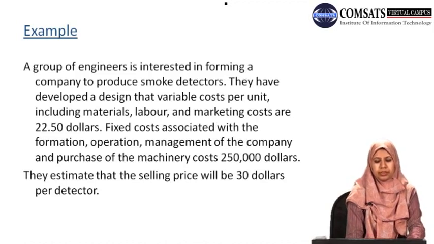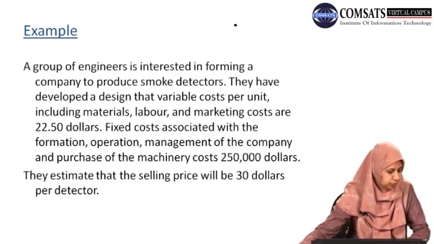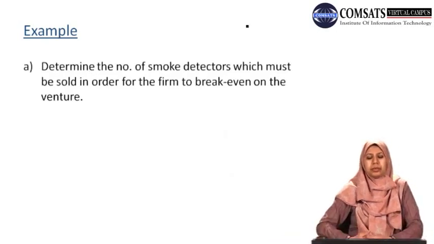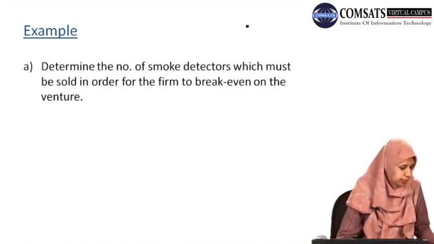Fixed cost associated with the formation, operation, management of the company, and purchase of the machinery cost $250,000. They estimate that the selling price will be $30 per detector. Now, we are asked to determine the number of smoke detectors which must be sold in order for the firm to break even on the venture.